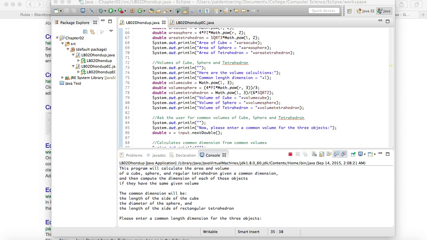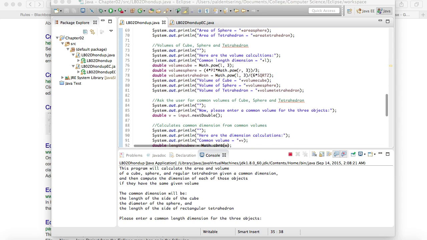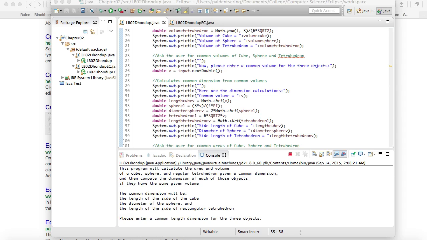After it calculates the area and the volume, it's going to ask the user what the common volume for the three objects is, and based on that, it's going to calculate all the common lengths for those objects.